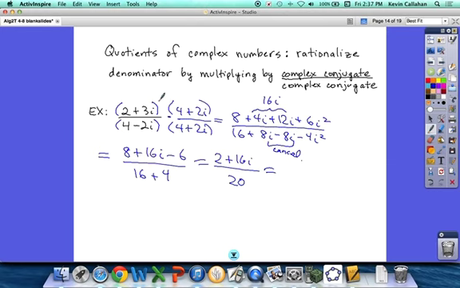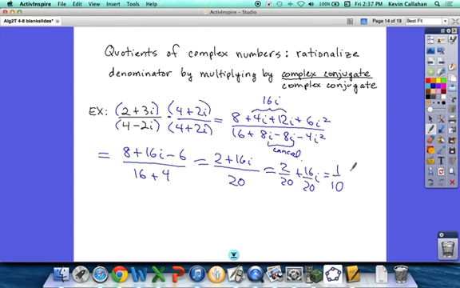So now this here is not really in the form yet. You could split it up into two numbers, making it 2 over 20 plus 16 over 20 times i. And then each of those can be simplified. 2 over 20 is 1/10.